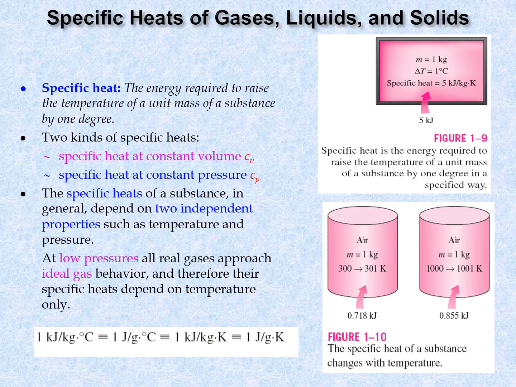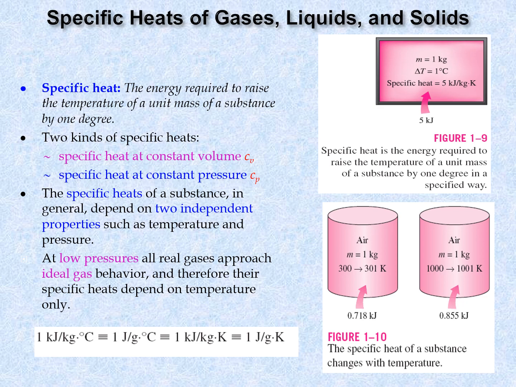Okay, another terminology that is used largely in heat transfer and also thermodynamics, which is the specific heat of gases, liquids, and also solids. So the specific heat is basically the amount of energy needed to raise any body by 1 degree of temperature. So that is the definition of specific heat, and it has two kinds, whether it's at constant volume or at constant pressure.